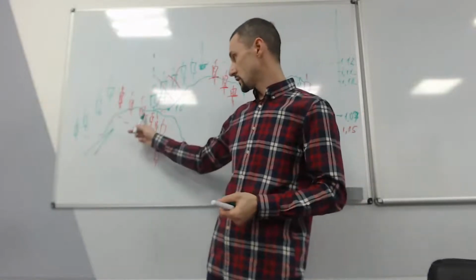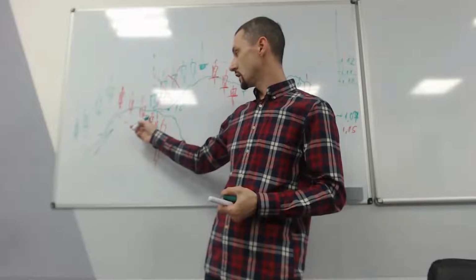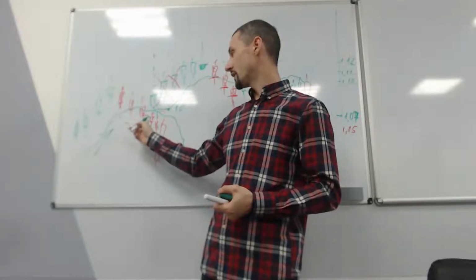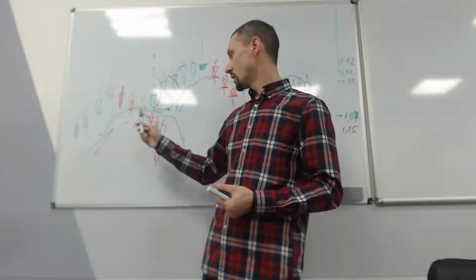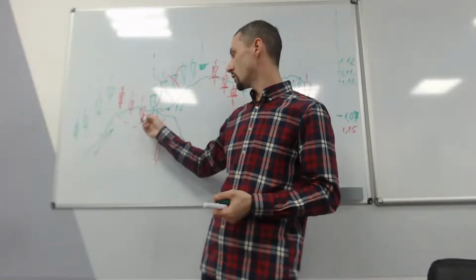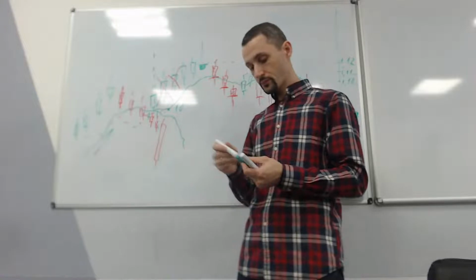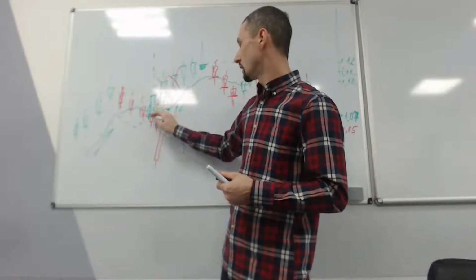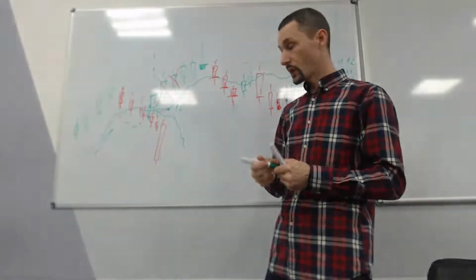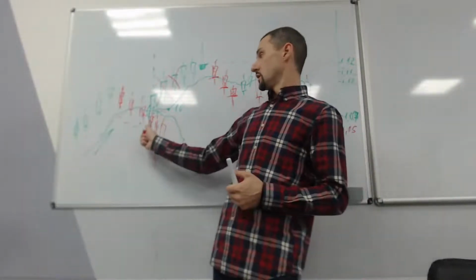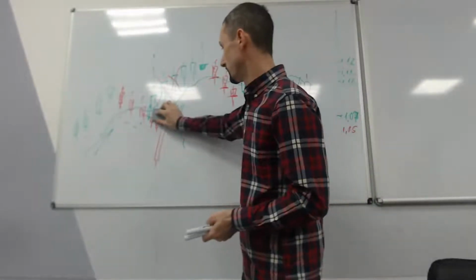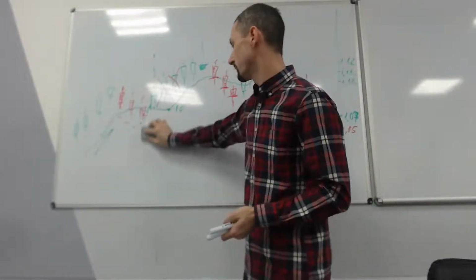As I told you, we should make a deal when one candle is closed and another begins, because we don't know where it will go. Maybe it will be the green one and we will still move up. But if it's a breakthrough, we can enter the market.